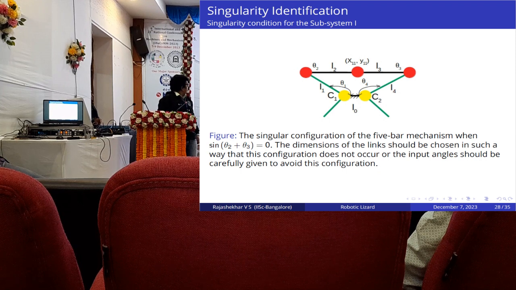And this is a singularity condition where the sine of theta 2 plus theta 3 becomes 0. If it is in this condition, the robotic lizard, which we previously saw as a triangle, becomes like this, and then it gets confused whether it goes down or up. So this condition should not be met, and this parameter has to be taken into consideration while designing the control system.